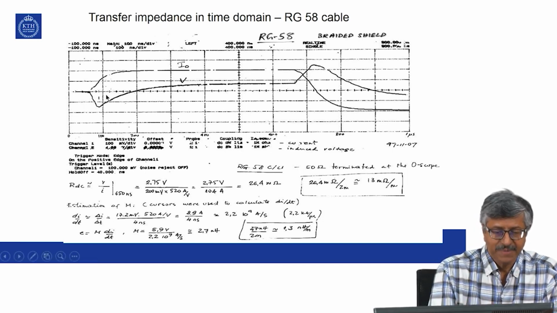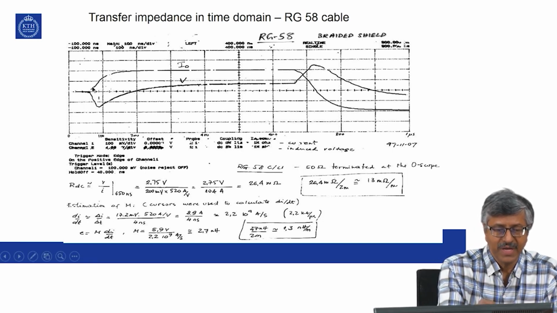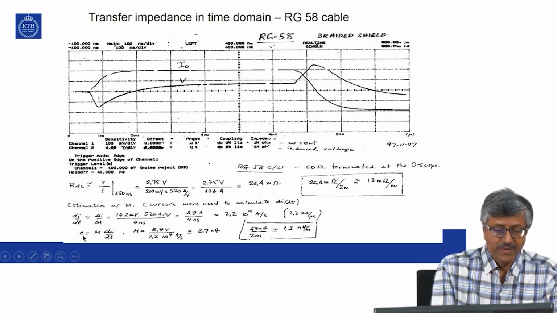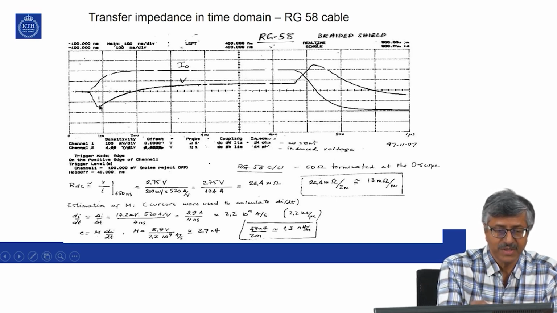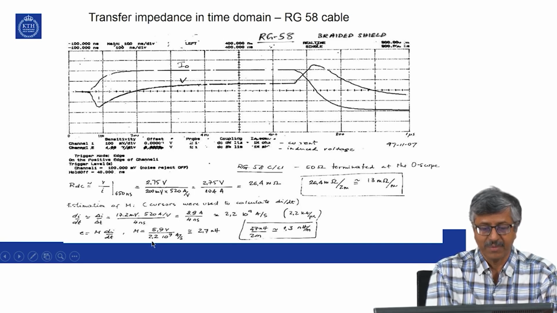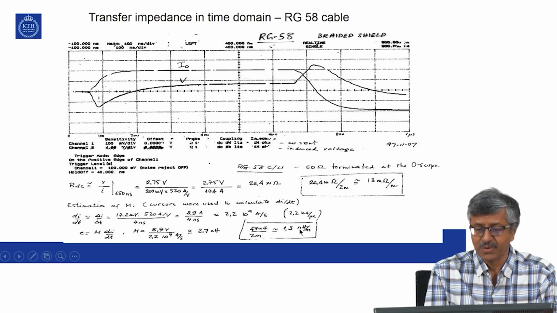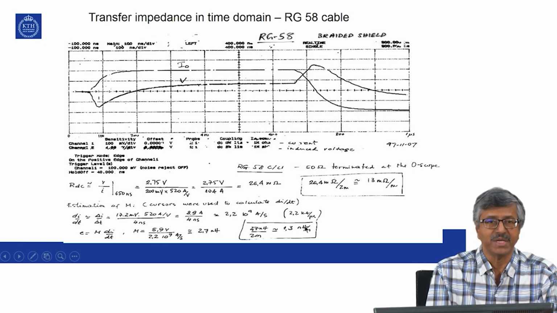Now, for this peak, di by dt you can approximately calculate as 2.2 into 10 to the power 9 amperes per second, and if we invoke E equal to M di by dt, where the peak voltage is 5.9 volt divided by the di by dt, that will give you 2.7 nanohenry, and per meter it gives you 1.3 nanohenry per meter.